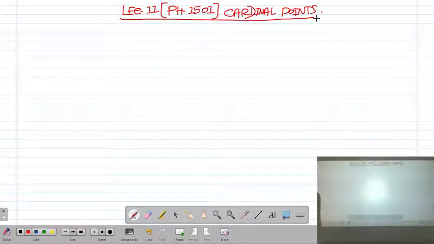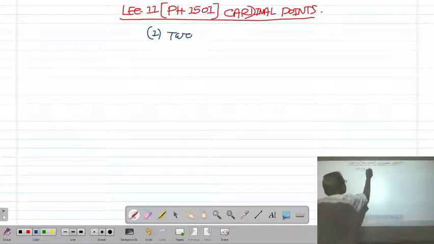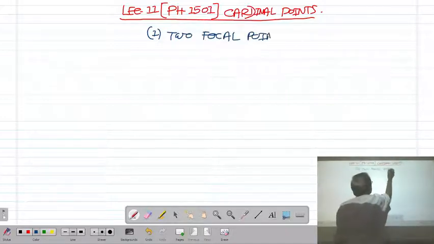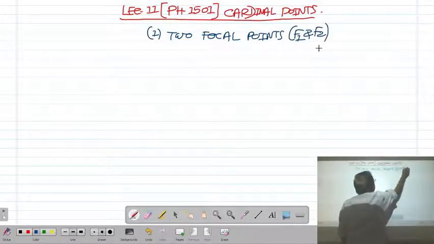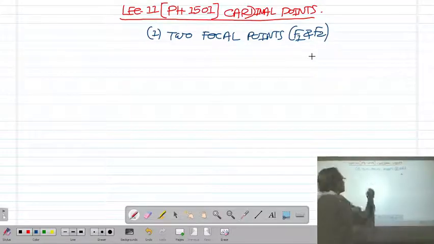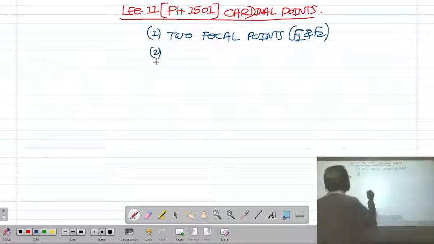As you know very well, we have defined 6 cardinal points. For an optical system, there are 2 focal points, F1 and F2, which we have already discussed in the last lecture 10.